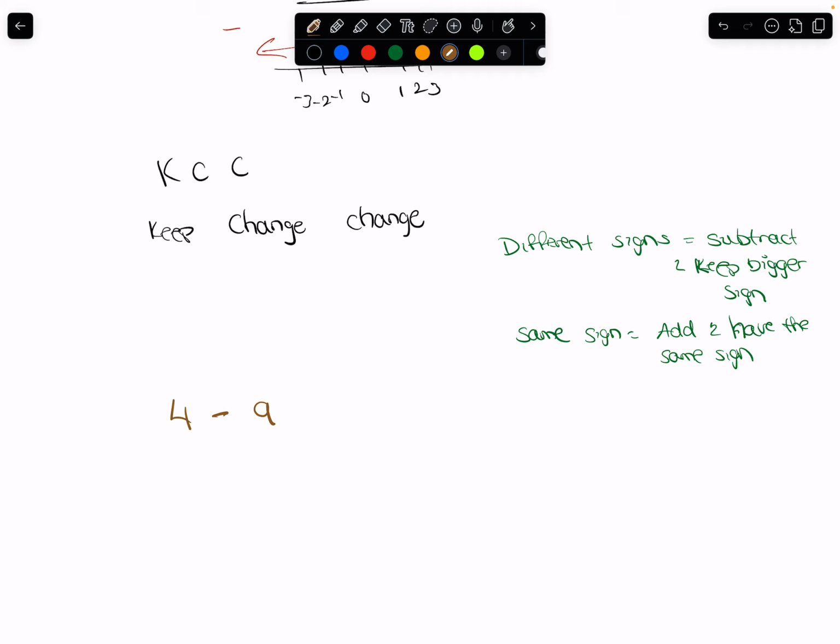Keep: we keep the 4, so the 4 stays the same. We change the sign of the negative to positive. And while we're doing that, the sign of the 9 also changes. In this case, this is a regular 9, so instead we're going to make it -9.